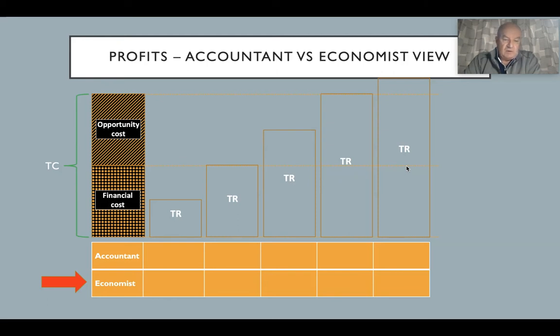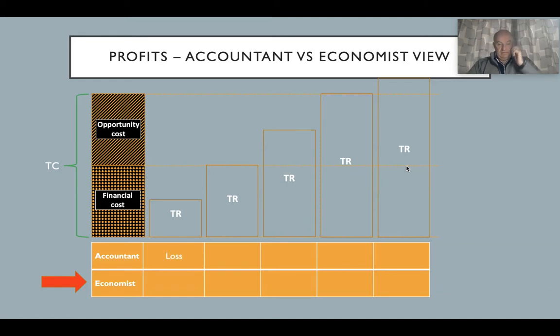But in addition to that, when we're talking about an economist's view, we're also considering the opportunity cost, so the cost of the opportunity that is foregone by staying in this particular market. Now, that's sometimes quite a difficult thing to calculate, but in terms of the total cost that economists allow when they calculate whether a business is making normal profits or not, it's basically the financial cost plus the opportunity cost.